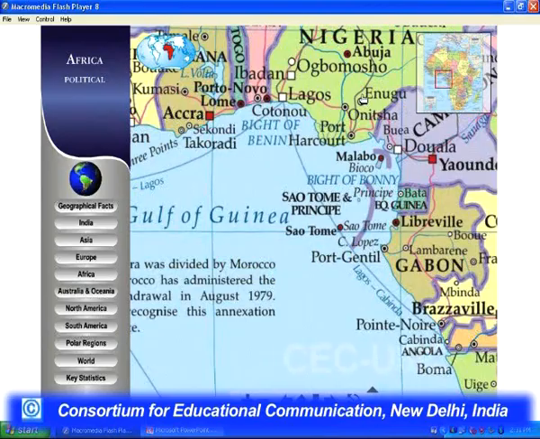and western coast of the Africa having large number of mineral resources, and these resources provide economic prosperity.